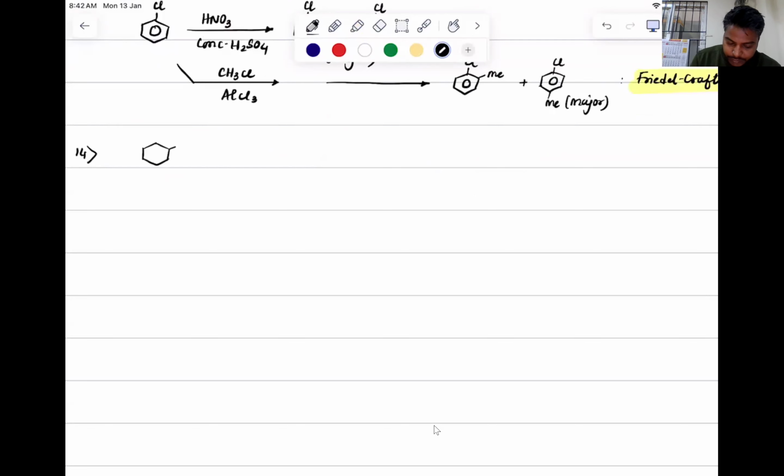Next, if we have bromine here in the presence of Mg and ether, first you will get Grignard's reagent. So we will get this as MgBr. And this MgBr on hydrolysis will make it OH here.